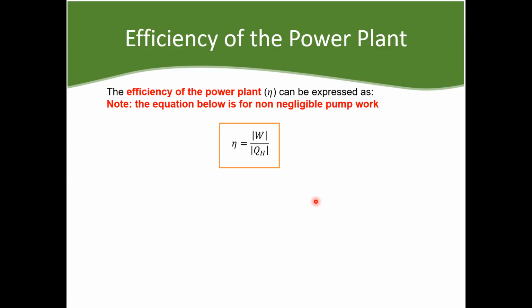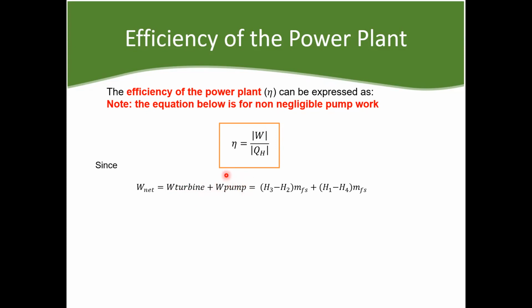Next is, what if the work of the pump is not negligible? So we have to consider that in the net work. So using the efficiency equation, our net work is the combined work of the turbine and the pump.